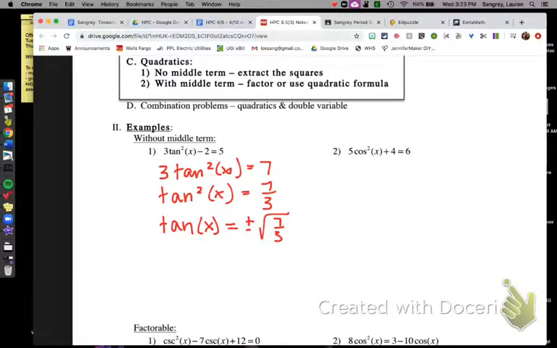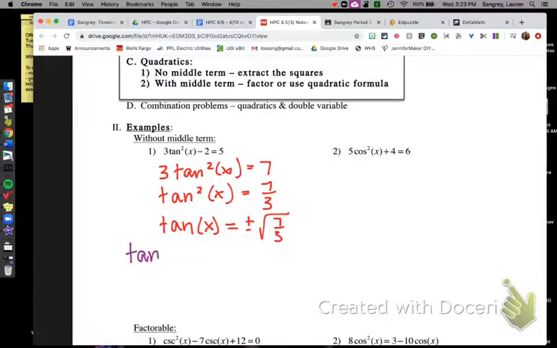So do not forget that plus or minus. That's going to be the most important part. Because we will get 2 answers for these. So since we are solving for x, we're finding the angle, we need to use inverse tangent.